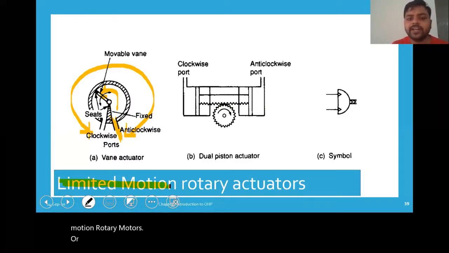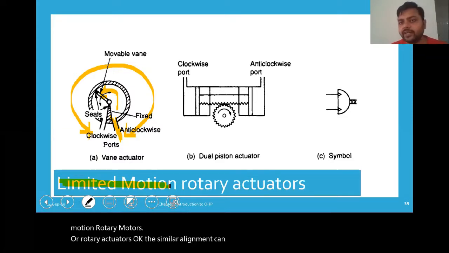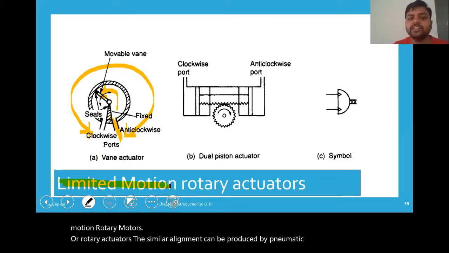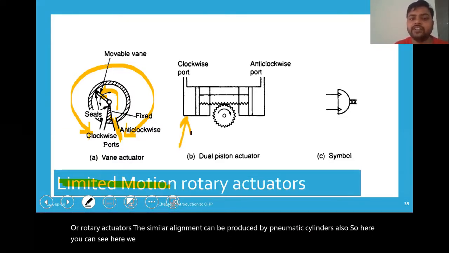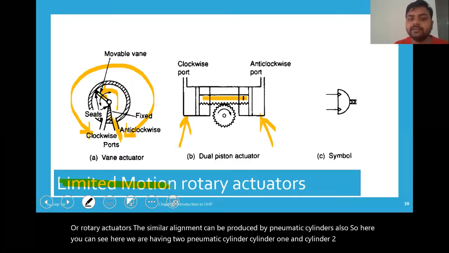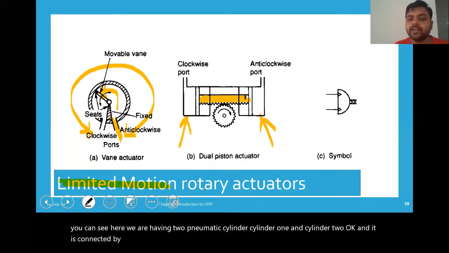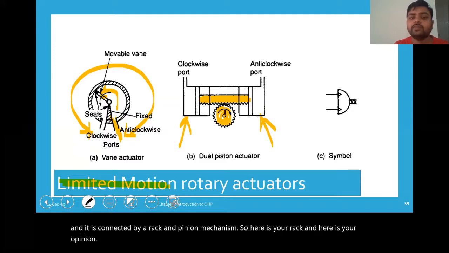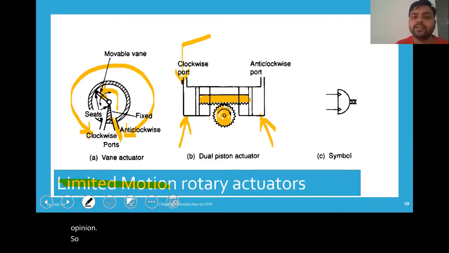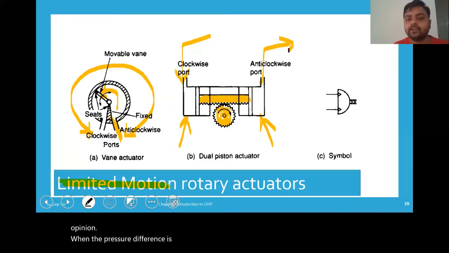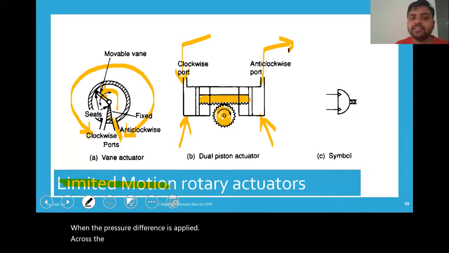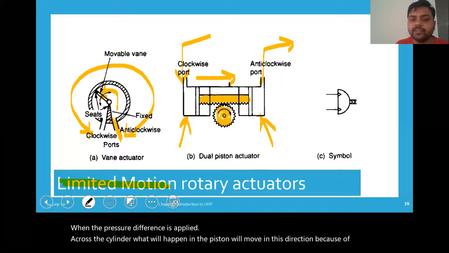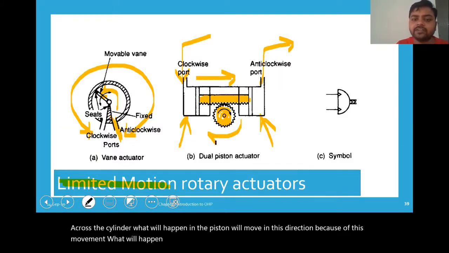A similar arrangement can be produced by pneumatic cylinders also. Here we have two pneumatic cylinders, cylinder 1 and cylinder 2, connected by a rack and pinion mechanism. Here is your rack and here is your pinion. When a pressure difference is applied across the cylinders, the piston will move in this direction, and because of this movement the pinion will rotate in this direction.